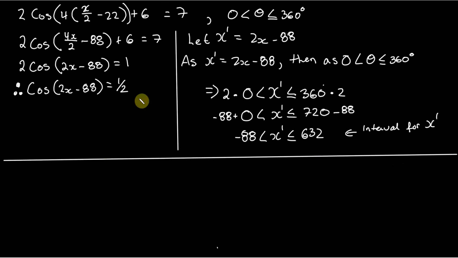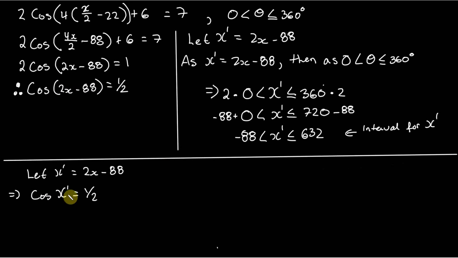So let's write this again. Let big X prime equal 2x minus 88, right? I'm just writing it again to show a continuation of the logic. Then it follows cos of big X prime equals 1/2, right? Because we're just letting the stuff in the brackets equal big X prime.